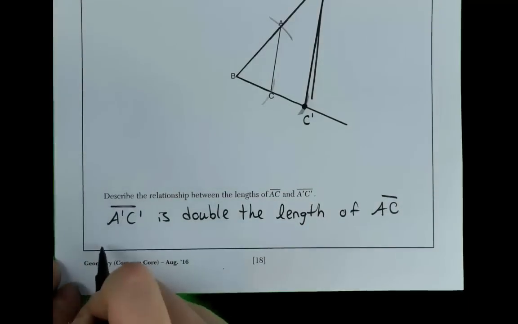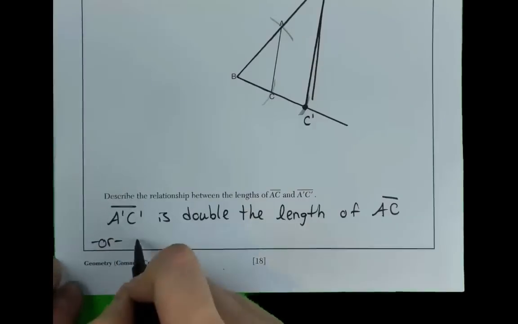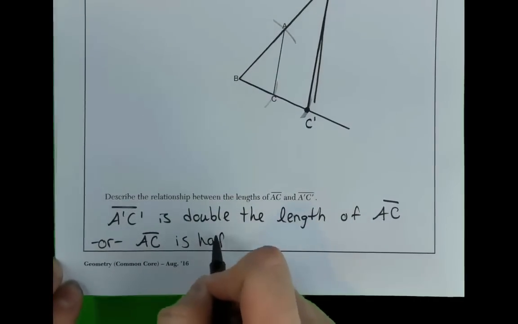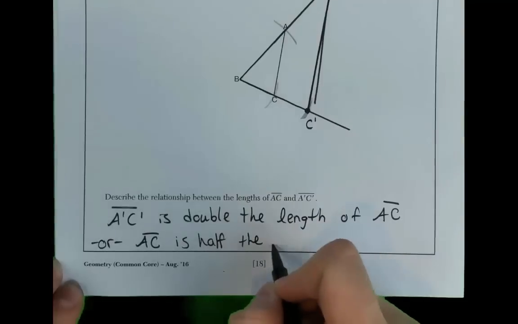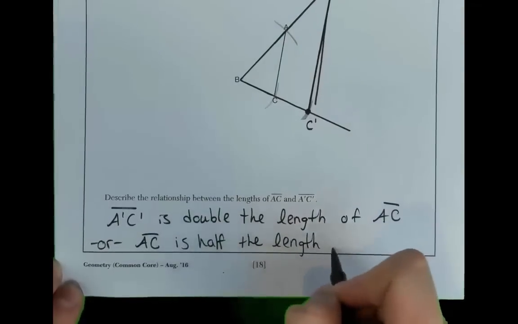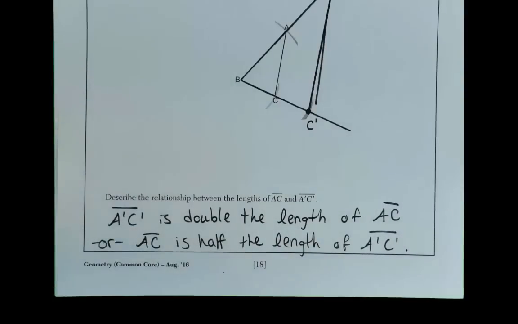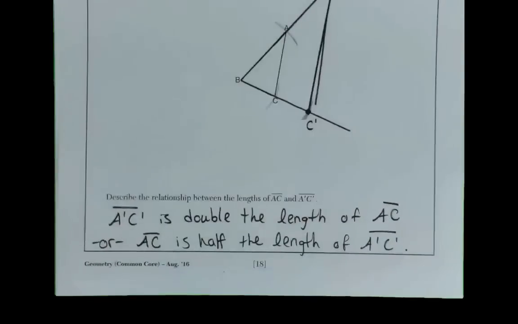That's acceptable, or you could say that AC is half the length of A prime C prime. Either one of those answers would be perfectly acceptable. And that's how you do question number 32.